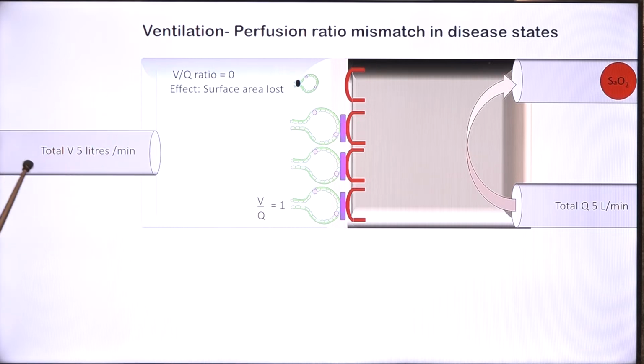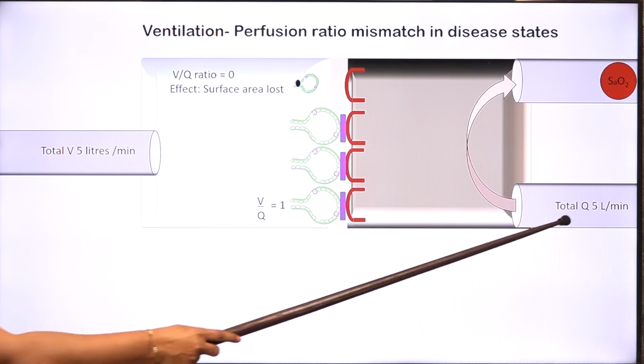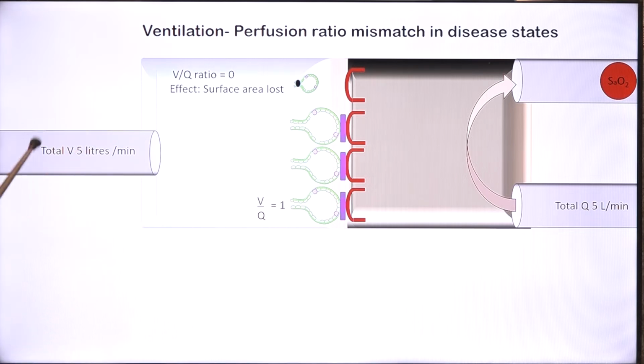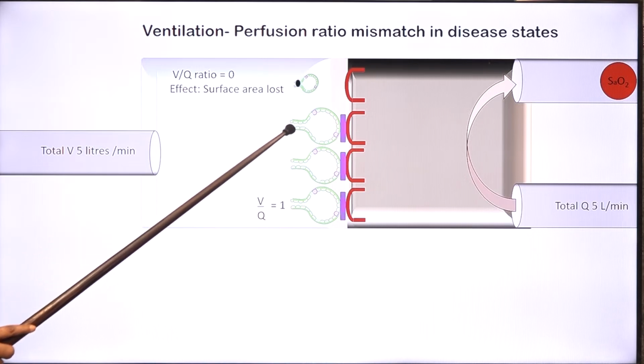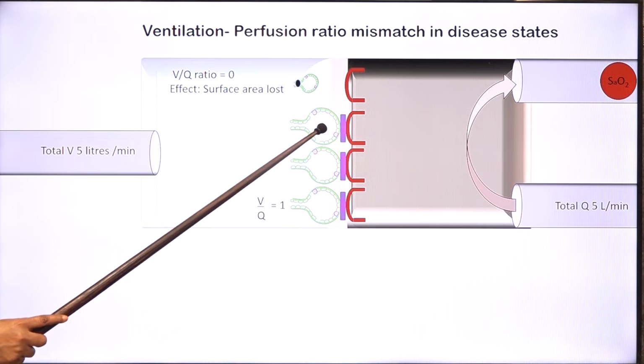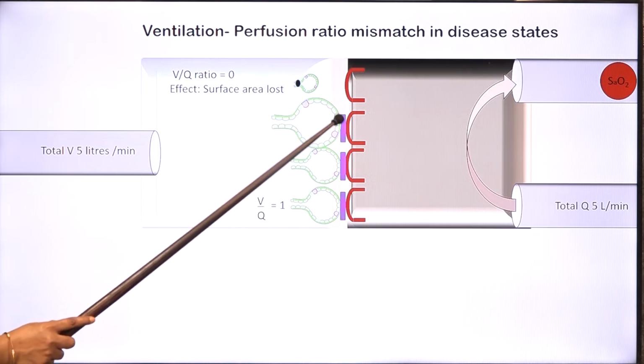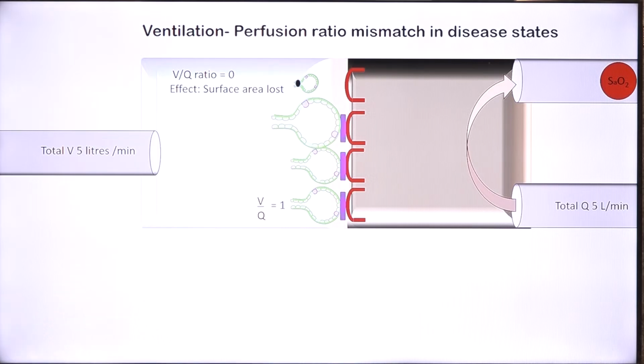But if total ventilation is 5 liters per minute, instead of 4.2, I am just using 5 liters per minute so that we have a total VQ ratio of 1. If total ventilation is normal, that is, if there is no hypoventilation, then the air that did not go into this alveolus will go into other alveoli, and there will be other alveolar units which get more of that ventilation.